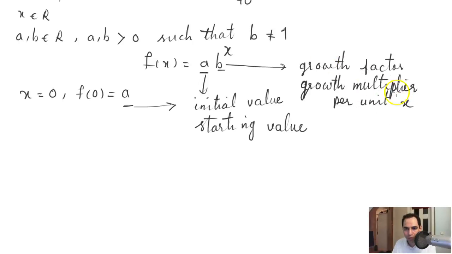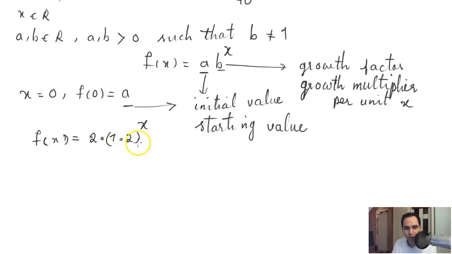It is the growth multiplier per unit x because let's say you have this function f of x is equal to 2 times 1.2 raised to the power x.